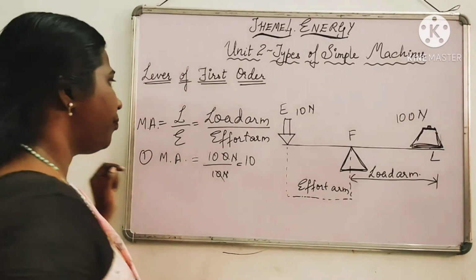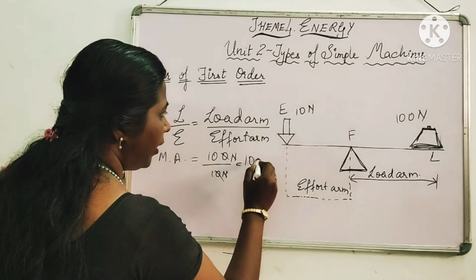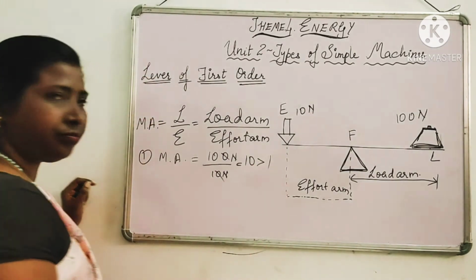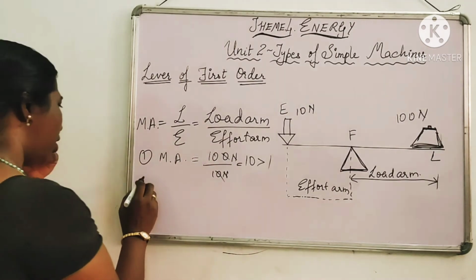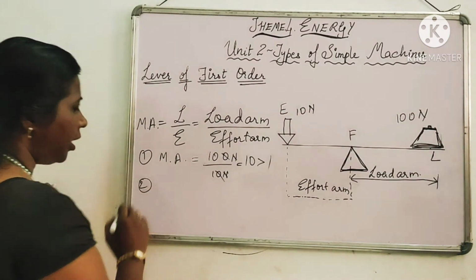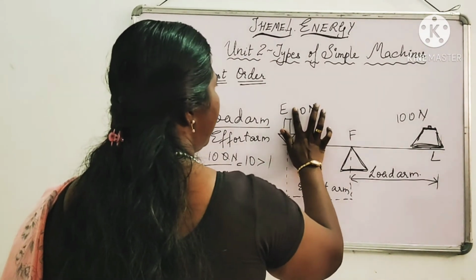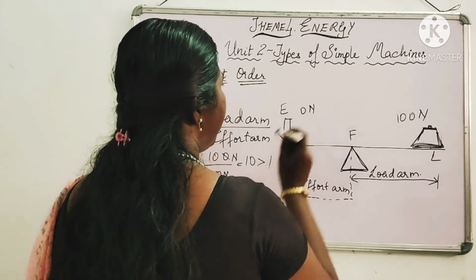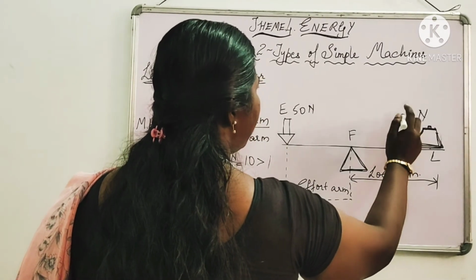Is that clear students? Now here we have got 10, which is greater than 1. So mechanical advantage is greater than 1. Now suppose in the second case, I am taking effort 50 and load 50.